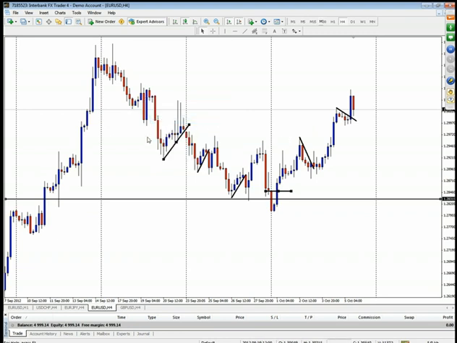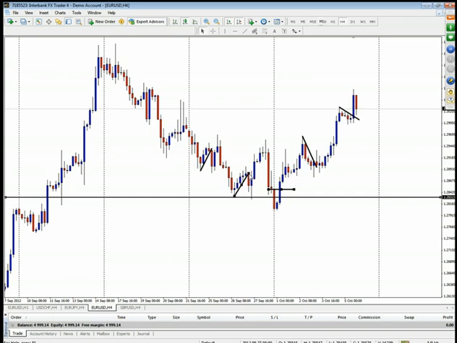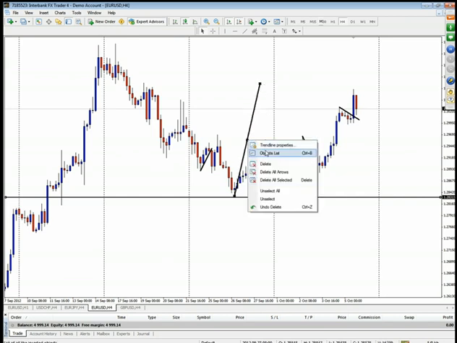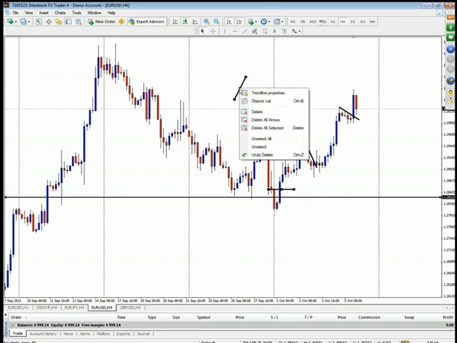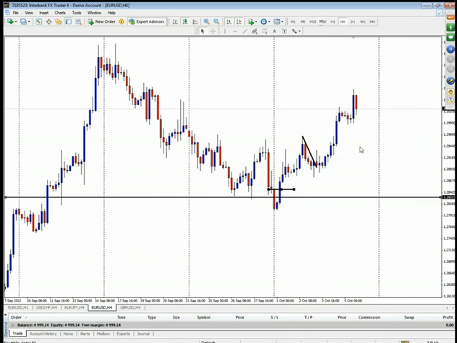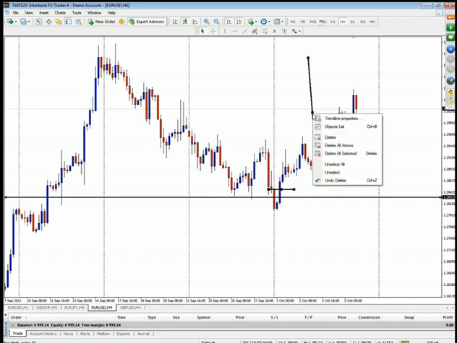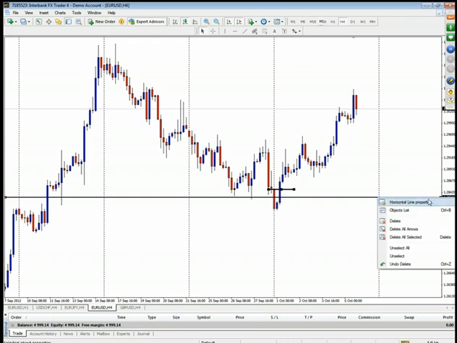So now we're going to use the Fibonacci tool, and we're going to move on to the second entry, which we don't need these little lines. So I'm just going to delete them all, except for the one. Okay, we'll delete this one.